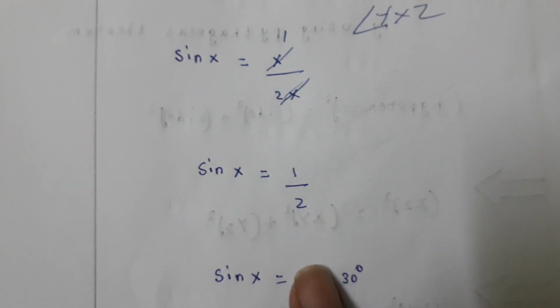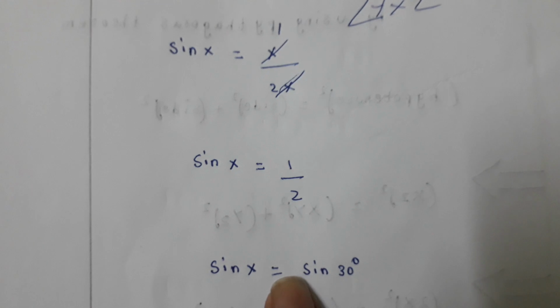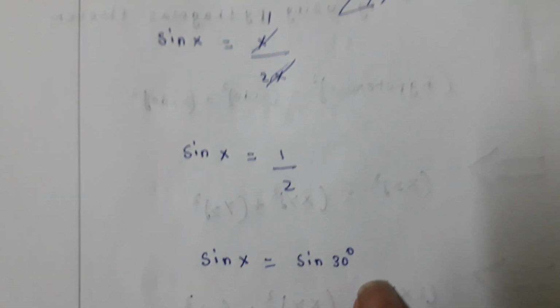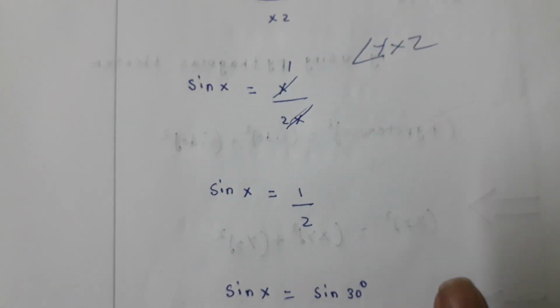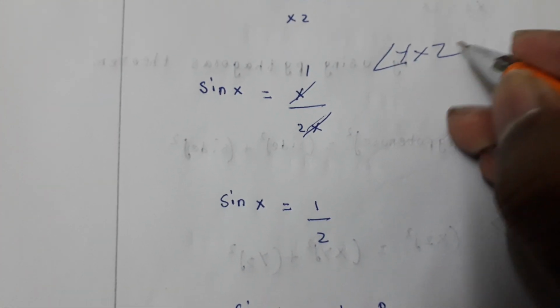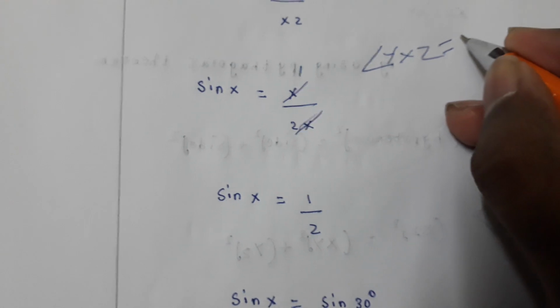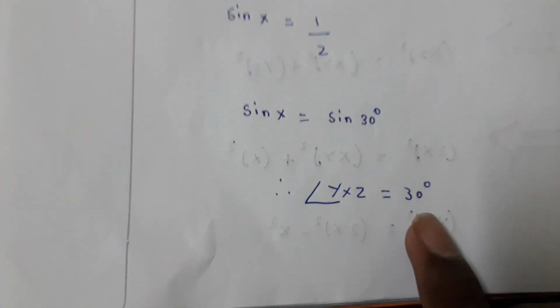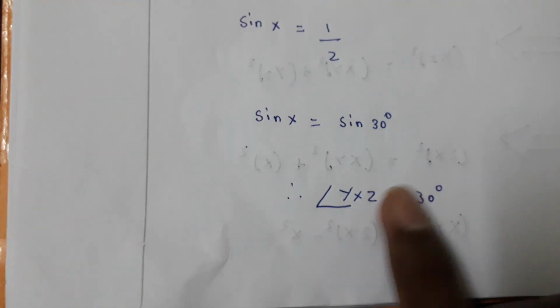So sin x is equal to 1 by 2, and we can find this in sin 30. So sin x is equal to sin 30. So angle YXZ is equal to 30. Now I got angle YXZ.